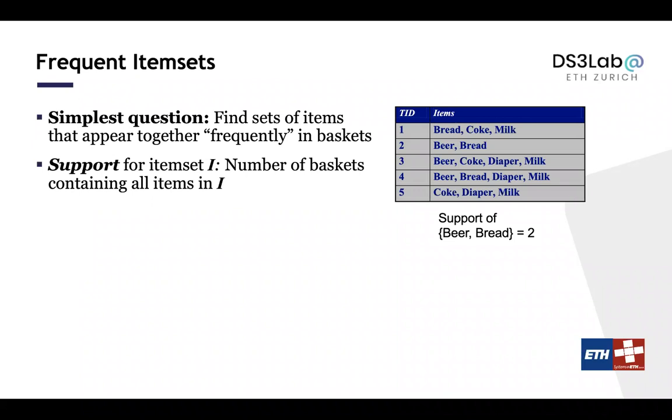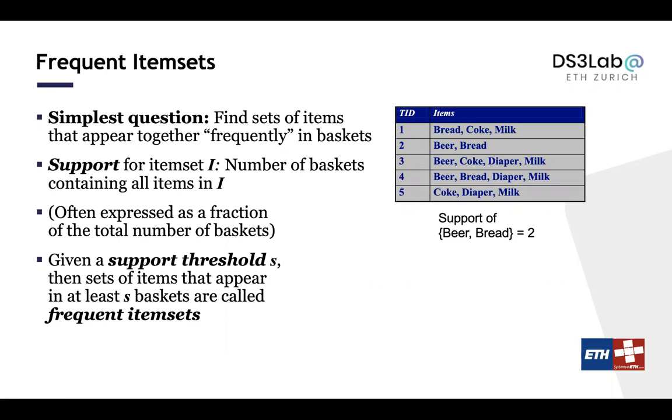I want to count how many baskets or transactions contain all the items in I. In this example, if I want to compute the support for beer and bread, the first transaction doesn't have it, the second transaction has it, and then the third transaction has it. So the support of this item set is 2.